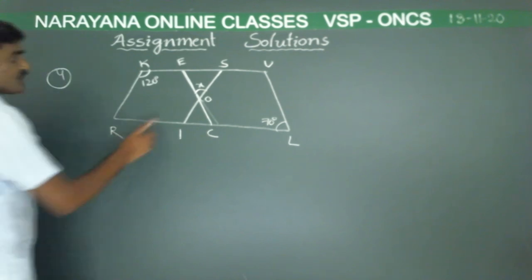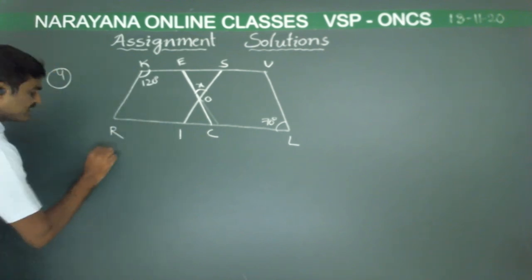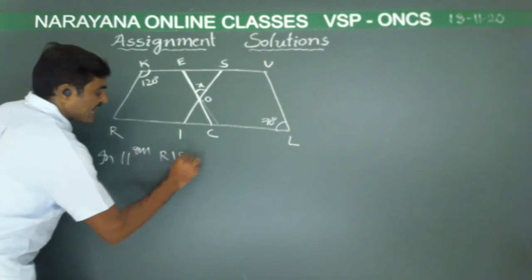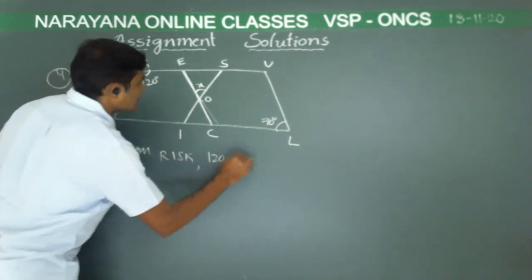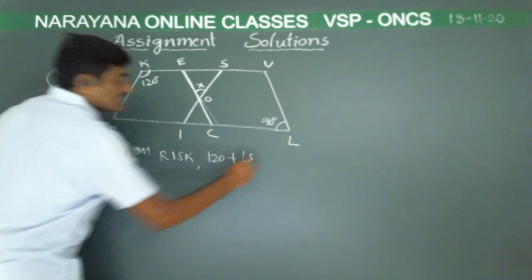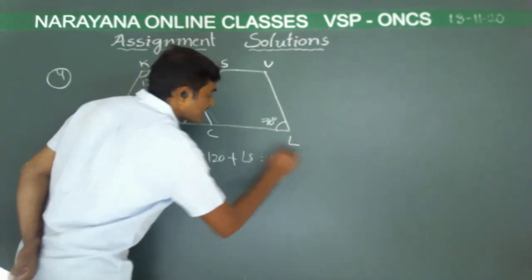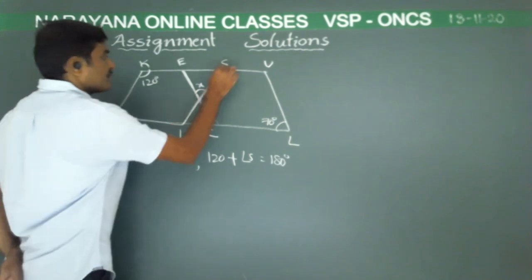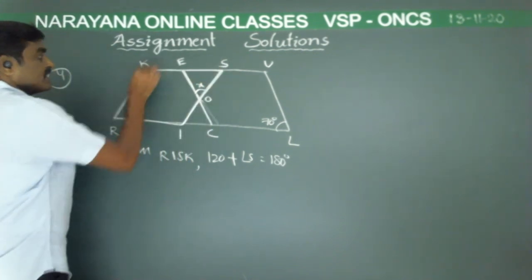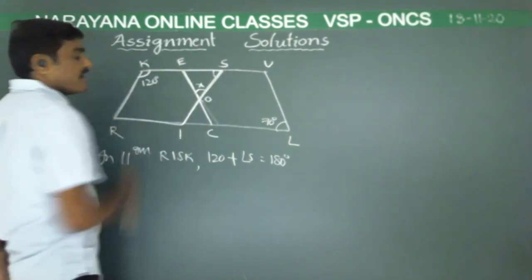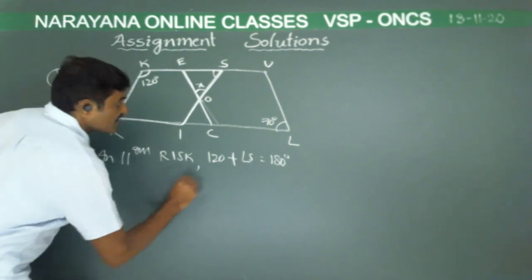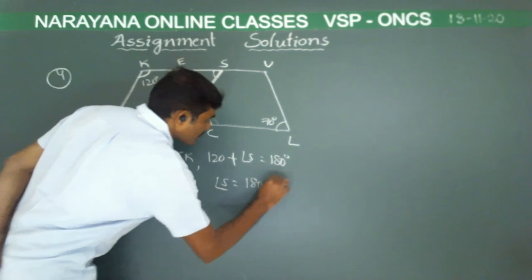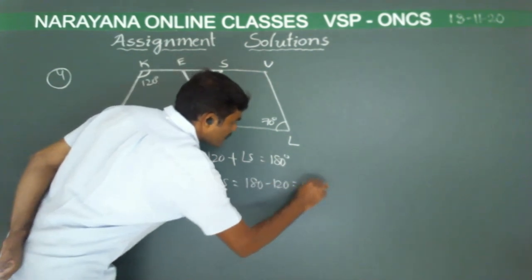First, in parallelogram RISK, 120 plus angle S is equal to 180. The reason: the sum of adjacent angles. In this parallelogram, this angle and this angle are supplementary. So angle S is equal to 180 minus 120, which is 60.